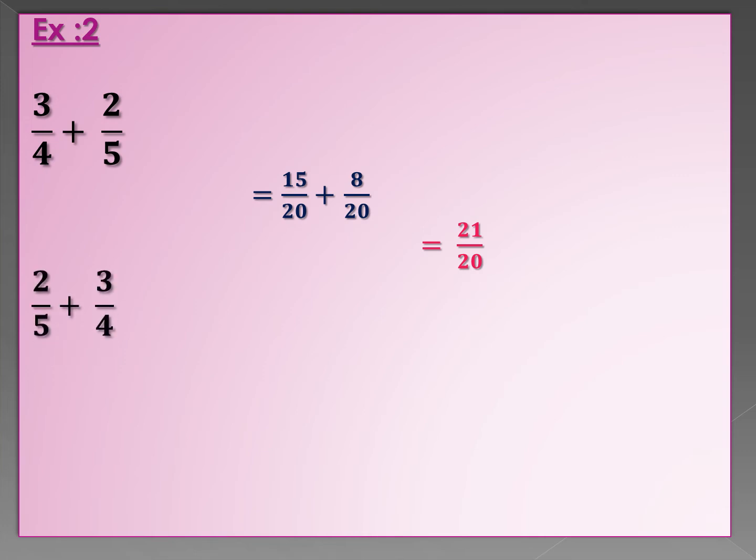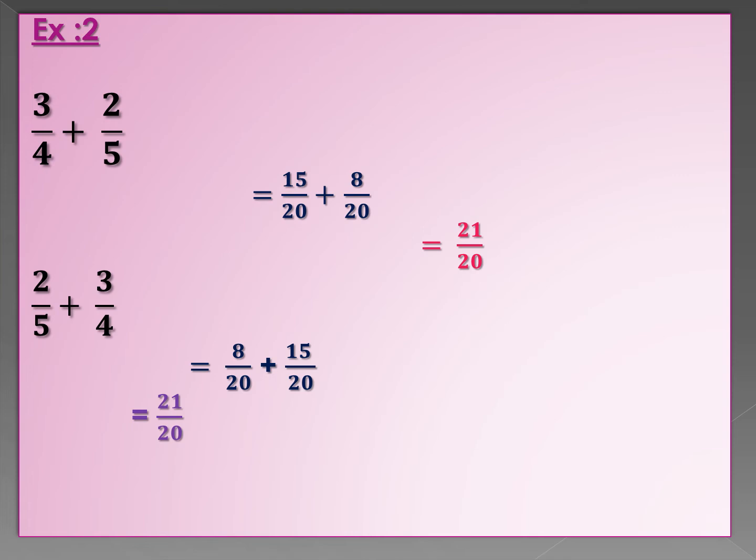Having the same example by exchanging the places of the fractions. 2 over 5 plus 3 over 4 will equal 8 over 20 plus 15 over 20, which is equal to 21 over 20. The same answer.